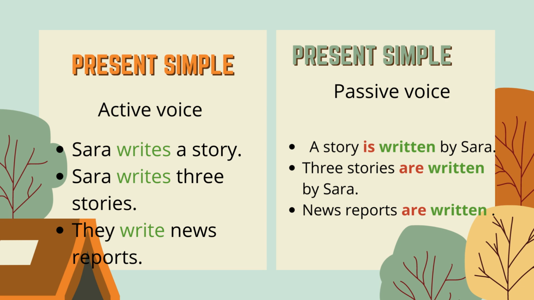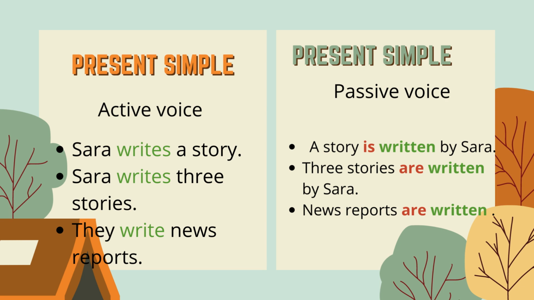The second example, Sarah writes three stories. Here the object is three stories, so three stories is plural. For this reason, we are going to use the auxiliary verb are plus written, the past participle form of write. They write news reports.